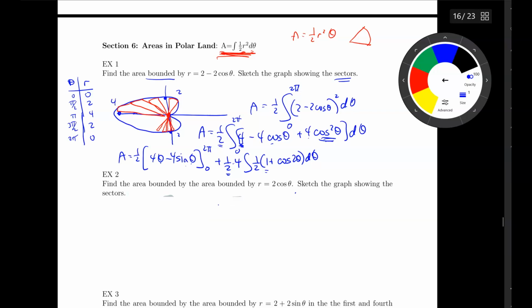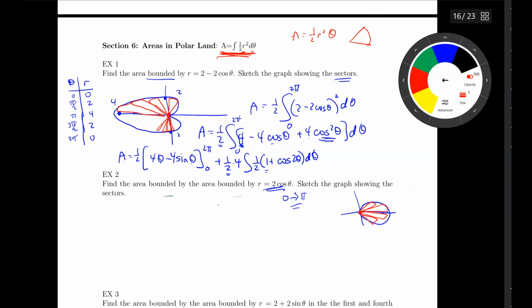All right, so now I'm looking at the area bounded by r equals 2 cosine theta. As I've mentioned many times, this is the one that just takes 0 to pi to go all the way around. So let's get those sectors. Those sectors always come out from the origin. So they look like this.